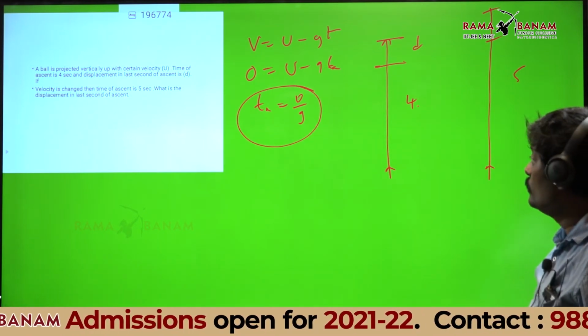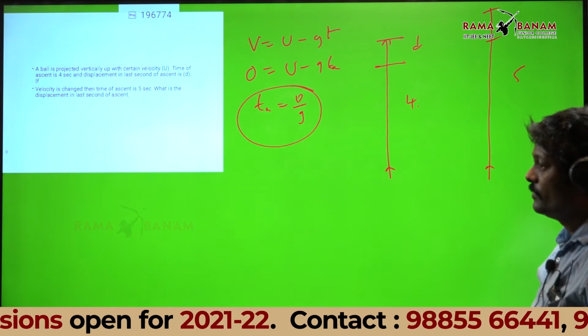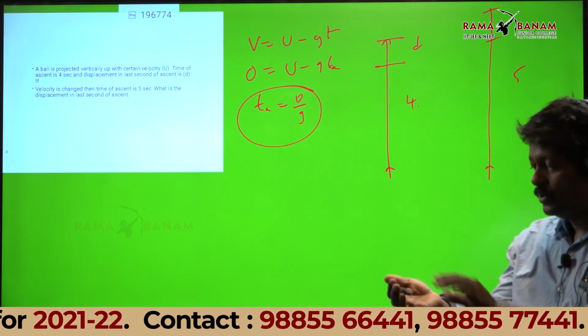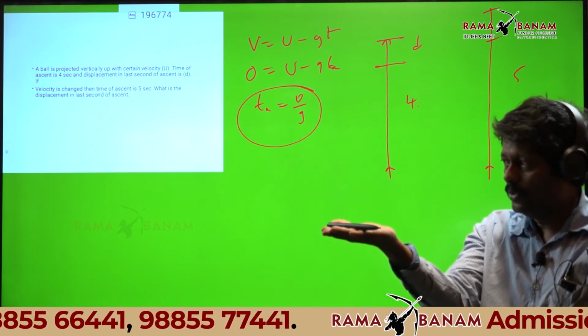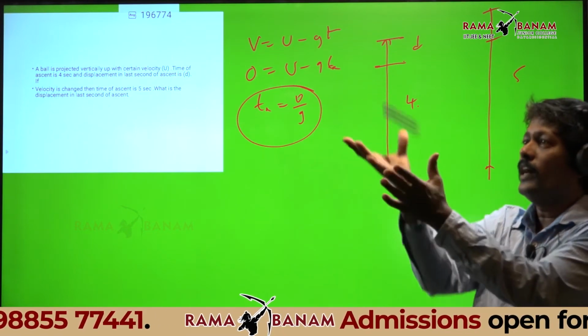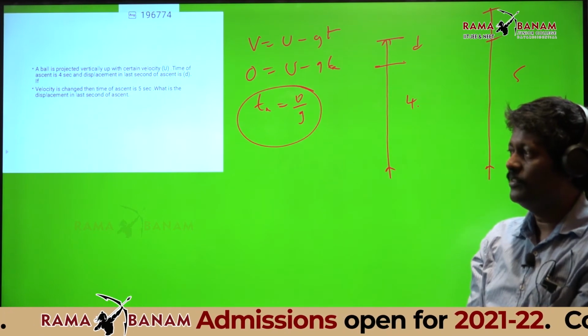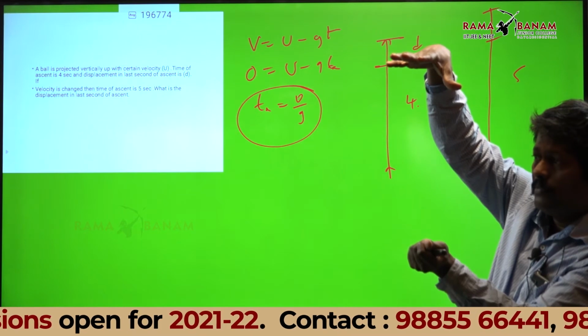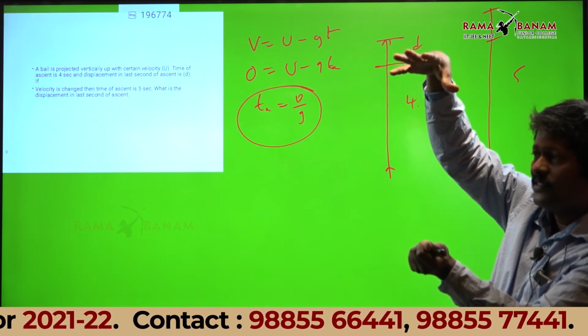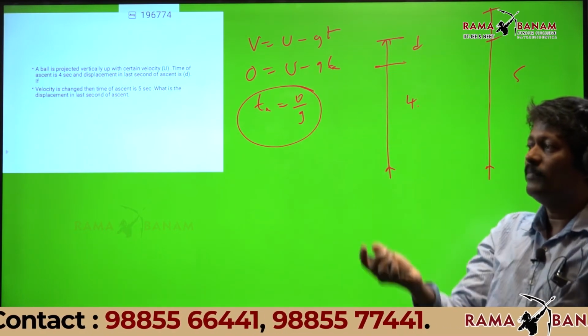What about u? Sir, u is 0. How is u 0? Can I tell this pen to go up? No. I have to throw it, so u is not 0. If I drop it, u is 0, but I am going up.